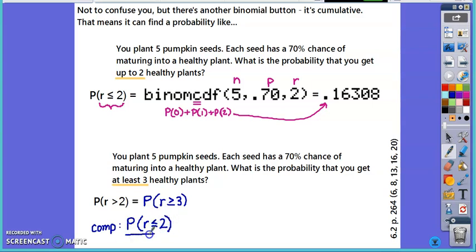So this can be done with a CDF, and it's the one that we just did up above. So that would be 0.16308. And so the probability of the complement of that, which would be 3 or more, would be 1 minus that. So it's just a little bit trickier to use that button for greater thans, but it's still doable.